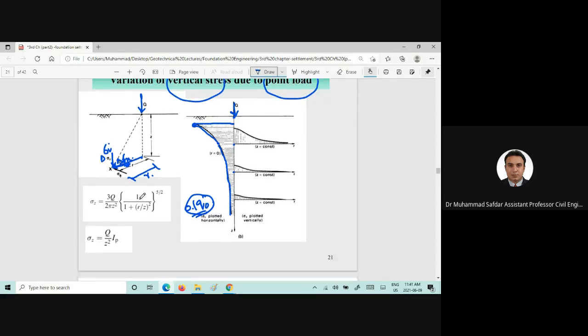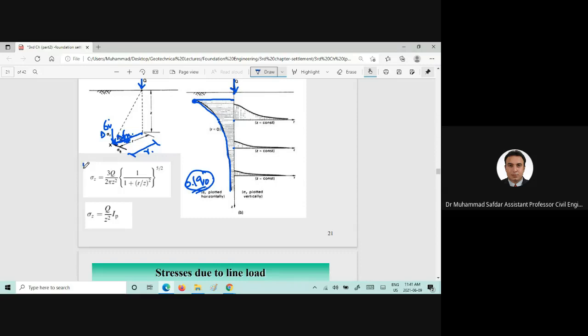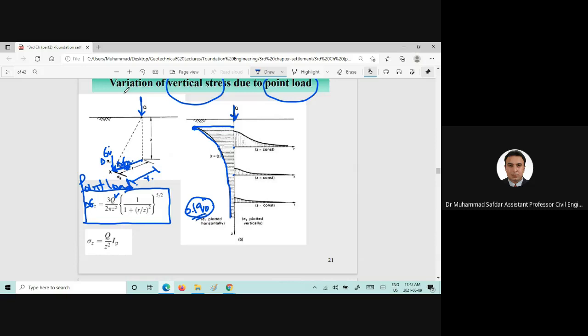Please kindly note down this equation. For a point load, the stress increase delta sigma is 3Q divided by 2 pi Z squared, times this term, in which Q is the load which is applied as that point load, Z is the depth of interest, and r is the distance away from the center line. Q is known, Z is known.